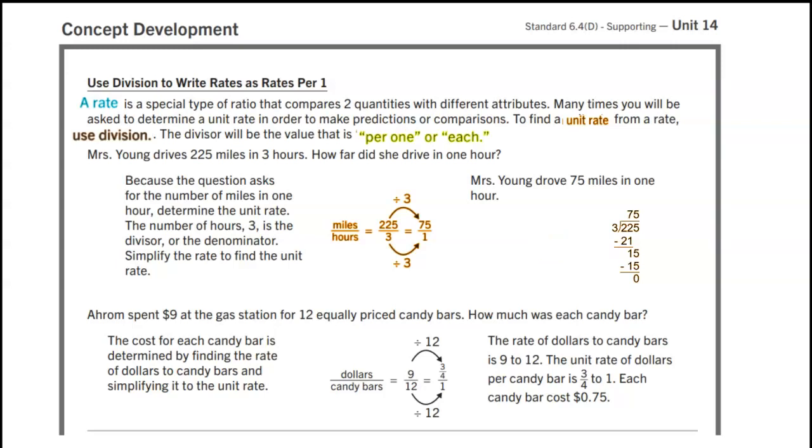Spent $9 at the gas station for 12 equally priced candy bars. How much was each candy bar? In this situation, we can set up our rate as 9 over 12, representing dollars over candy bars. Then we could simplify by dividing each by 12. That will give us 3/4 over 1.